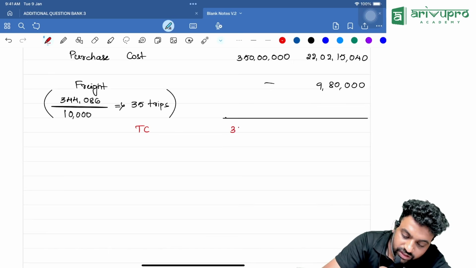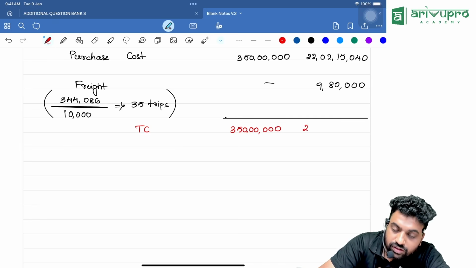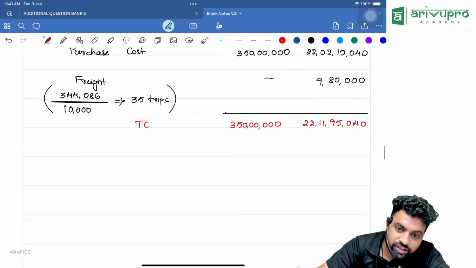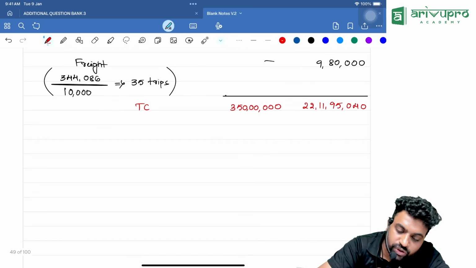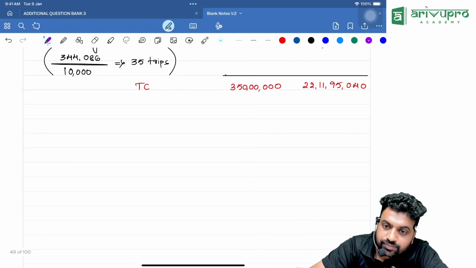3 crore 50 lakhs, and here it is. Madam, you tell me one thing. Carrying cost is relating to storage or purchasing? Storage. Cost of storage is direct cost or indirect cost?